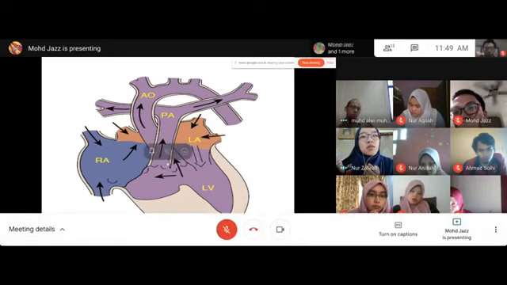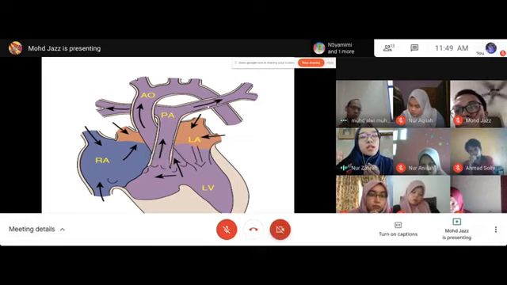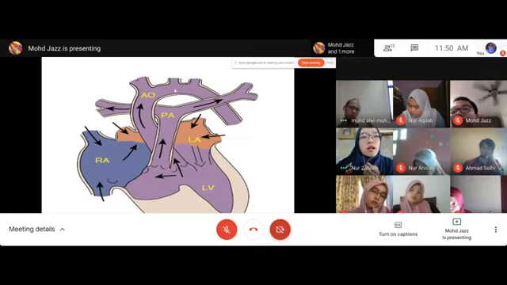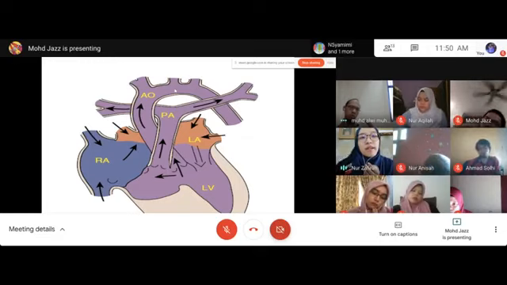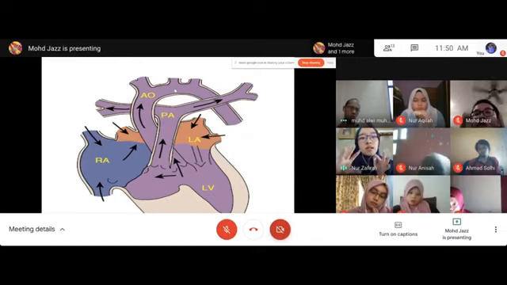So some of the blood that came into the left atrium will be oxygenated, and then there will be mixing of the blood. And then the baby becomes cyanotic. So that's why in tricuspid atresia, it is also duct dependent, because especially at the atrial level, we want the mixing of the blood from the right atrium and the left atrium.